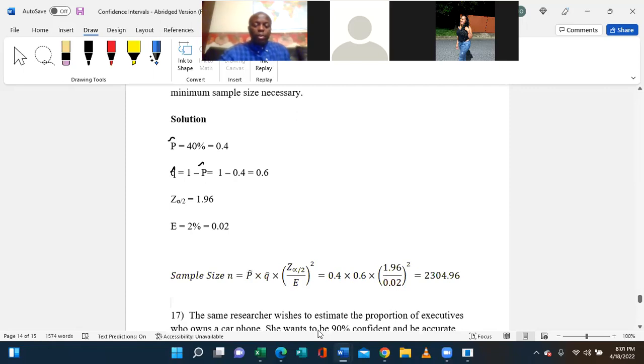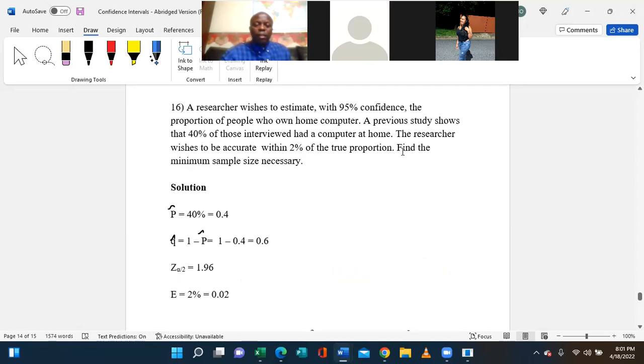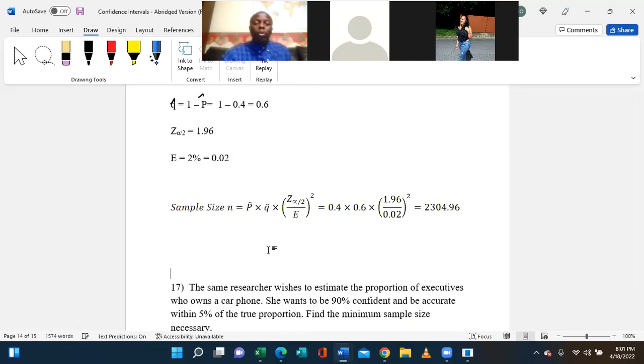Now, based on our answer, we can determine the number of samples they need. We have 2304.96, and this was asking us to find the minimum sample size. So we round it up to the next whole number, always to the next whole number. So the minimum sample size becomes 2305 samples.